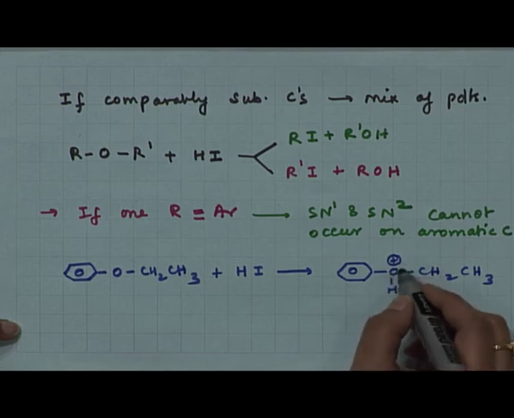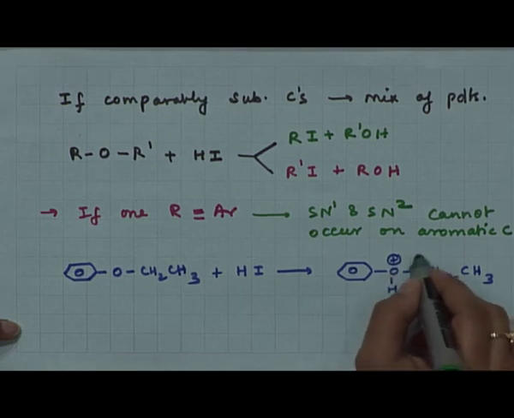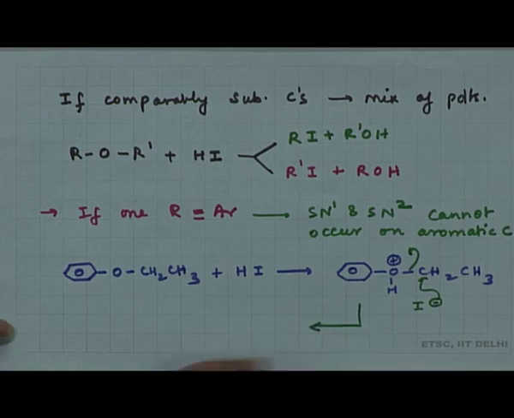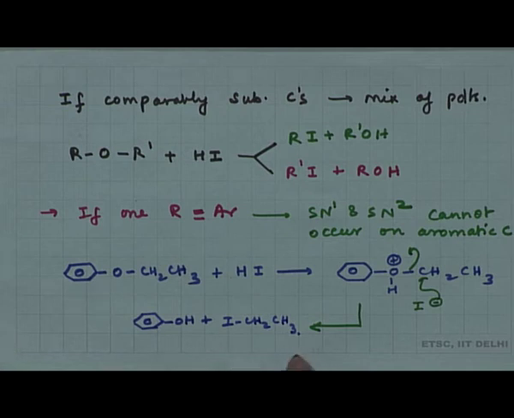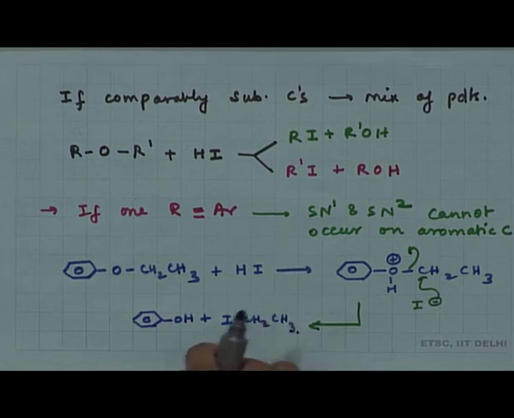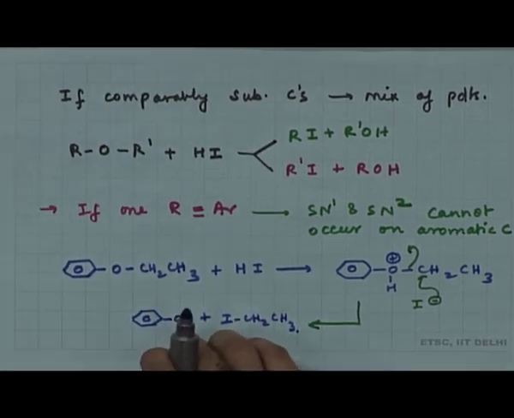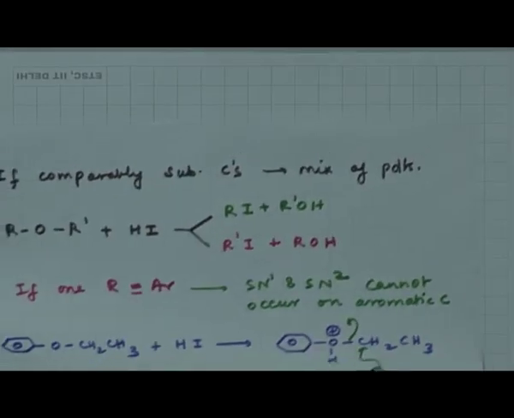So, the only option which you are left with is that in this case you only end up with these two products, which is a phenol and the alkyl halide. So, this is about the acid catalyzed cleavage of the acyclic ethers.